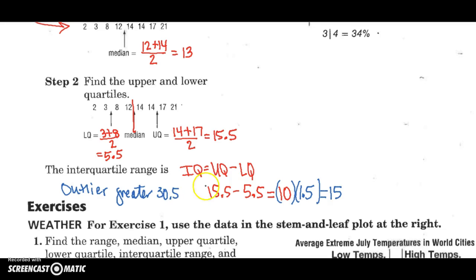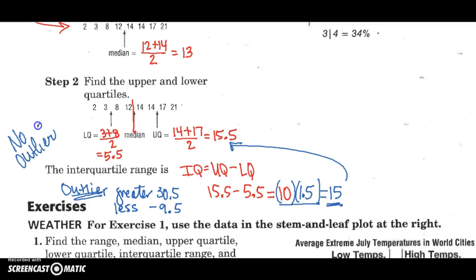Where did I get 30.5? I took my 15 from multiplying times 1.5 and I added it to the upper quartile. And if it's less than 5.5 minus 15, well, of course, that's going to give us a negative number, negative 9.5. So if you had a number less than negative 9.5, those would be outliers. So there are not any outliers for this set of data.